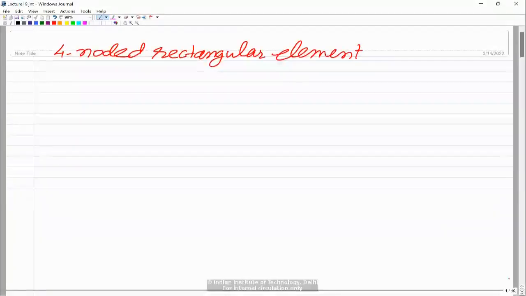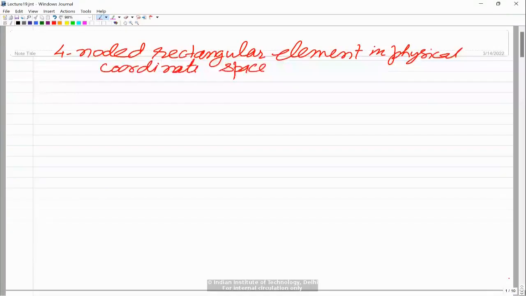That means we do the interpolation in x, y, the physical coordinate space. We will take the example of a 2D heat conduction problem, and then of course the same thing can be extended for the stress-strain problem.